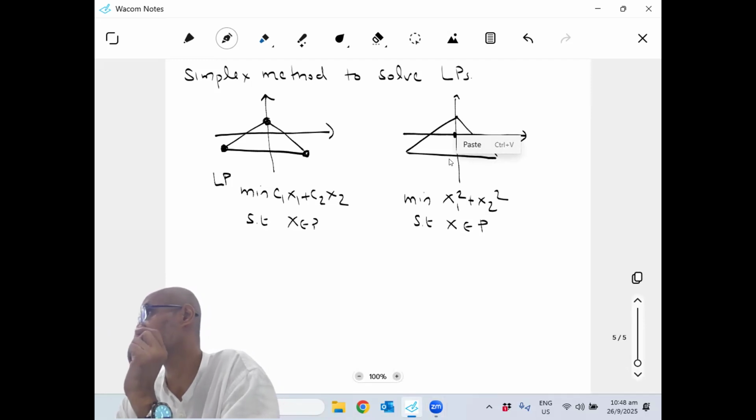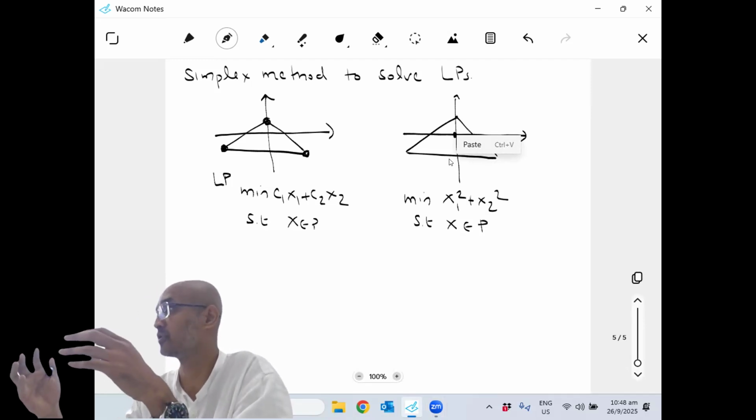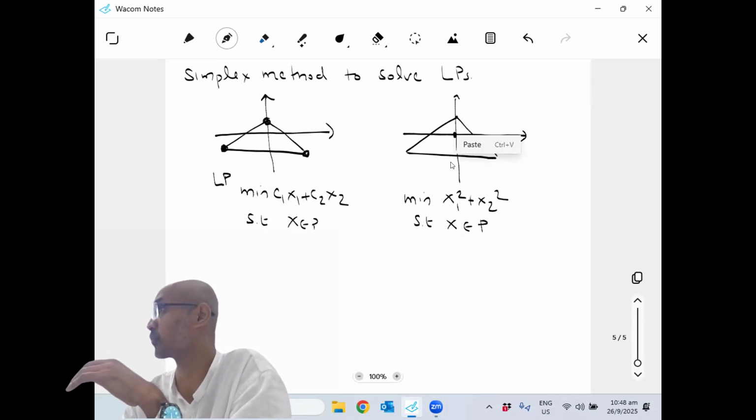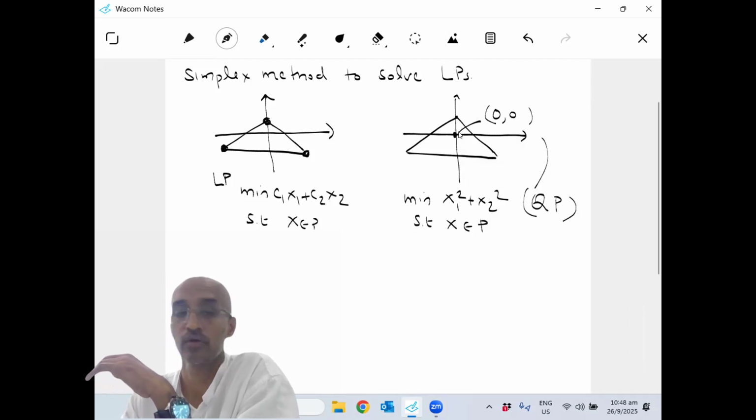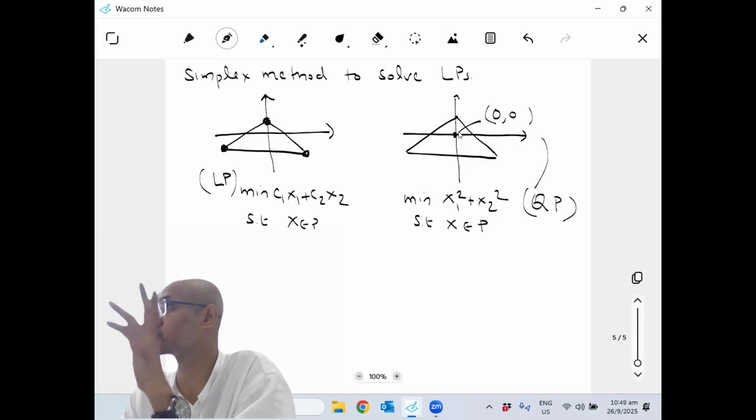This we need to make concrete; at least we need an argument for this. This is not true for general optimization problems. In this case the optimal solution is the origin, for this quadratic program, this QP. This is an LP. Whatever c1 and c2 you choose, I claim you can restrict attention to one of these 3 points.